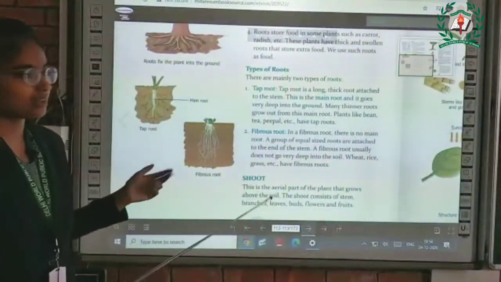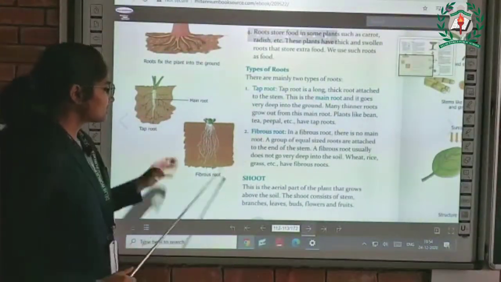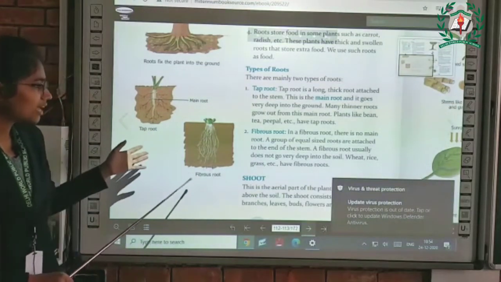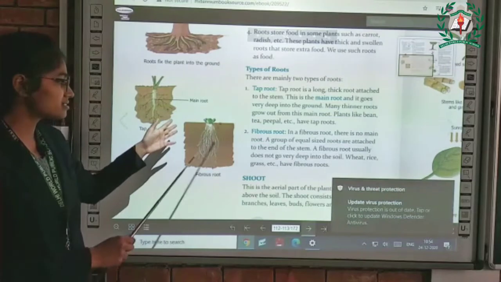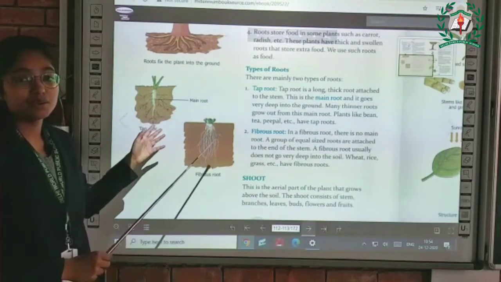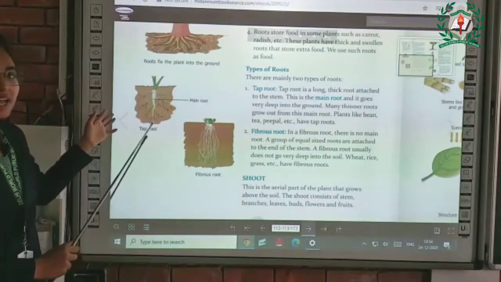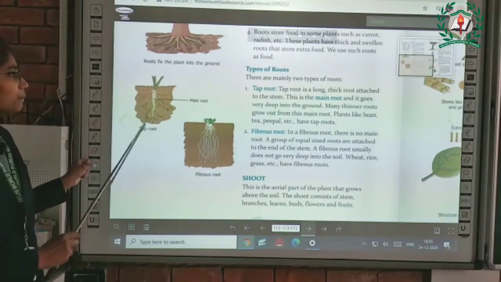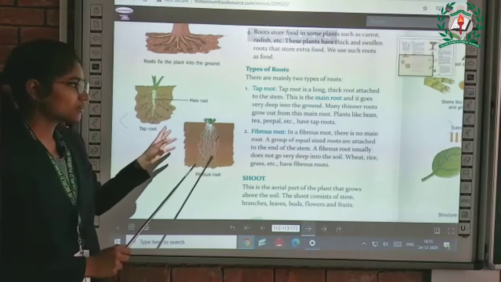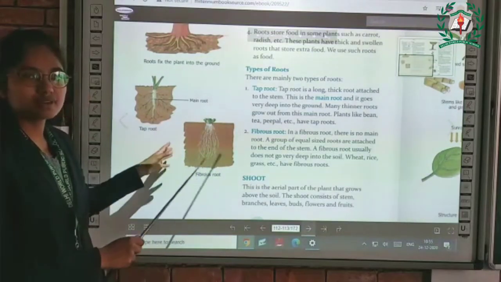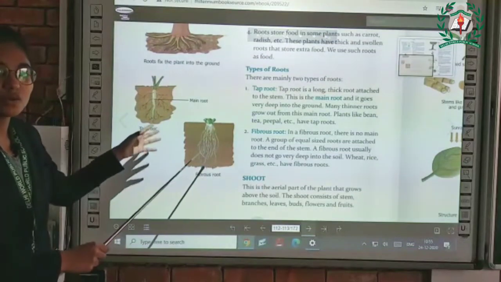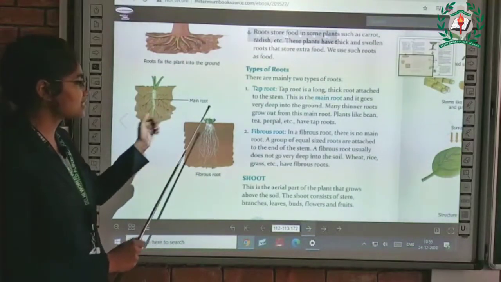The next kind of roots are fibrous roots. See this picture, this is the type of fibrous root. So the fibrous root doesn't consist of a main root. Like in taproot, we have seen that there is a main root, and then small roots come from this main root. But in fibrous root, the group of roots are all of equal size, and all the roots are attached to the stem directly.